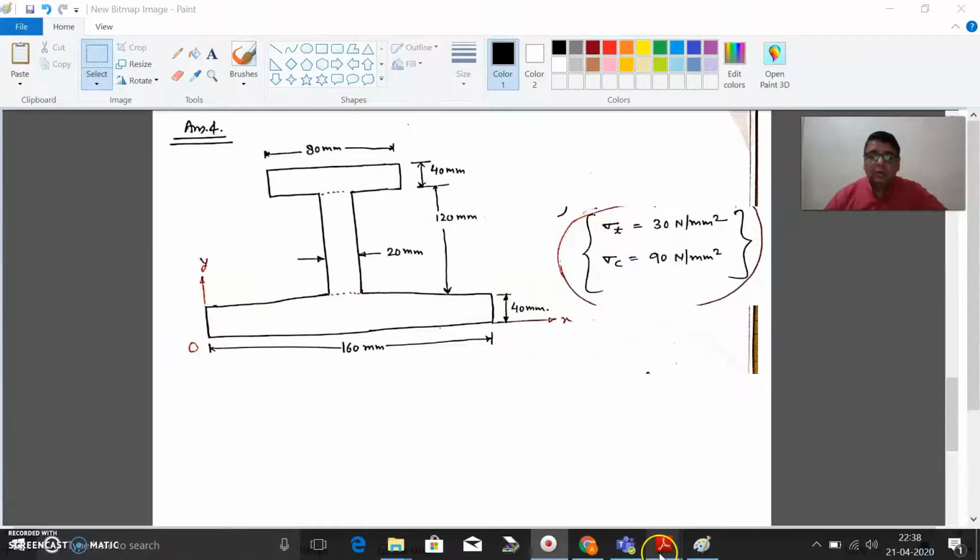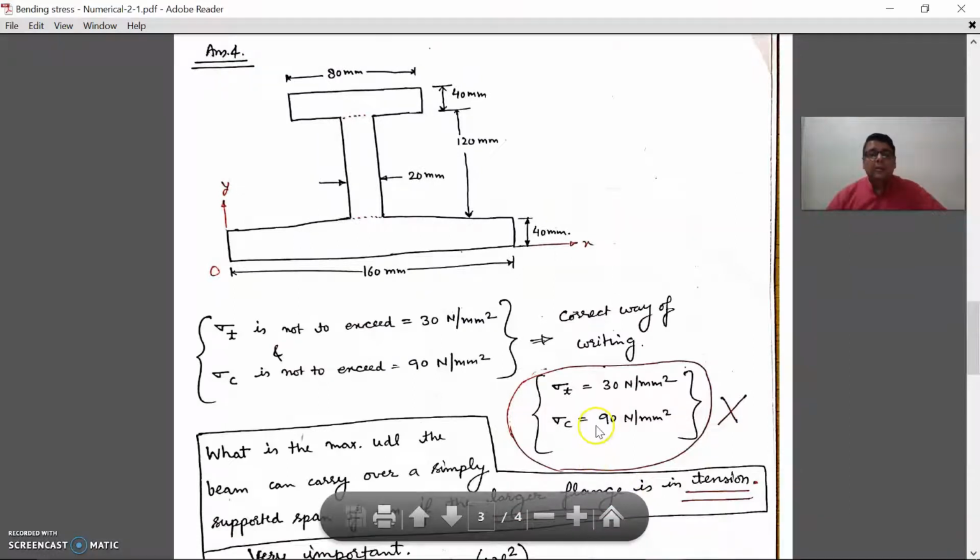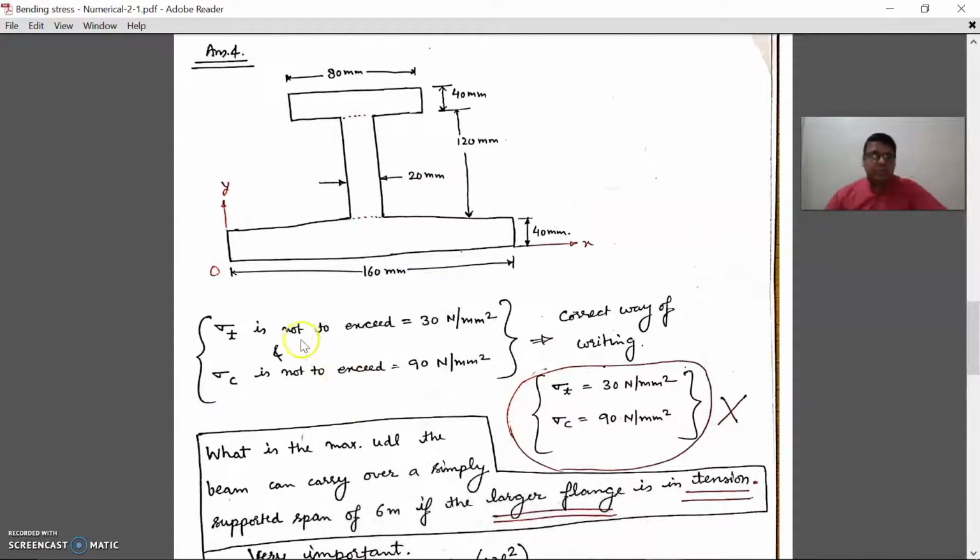So in what way you have to write down is that sigma t is not to exceed 30 Newton per mm square and sigma c is not to exceed 90 Newton per mm square. This is the correct way of writing, and this procedure is wrong. You should not write in this way. Okay.